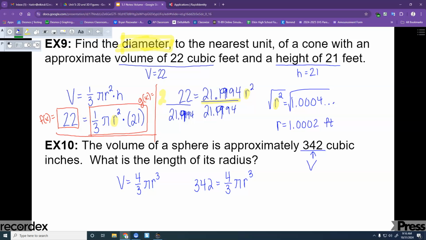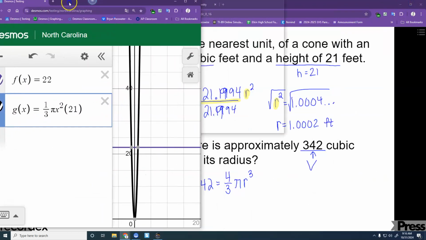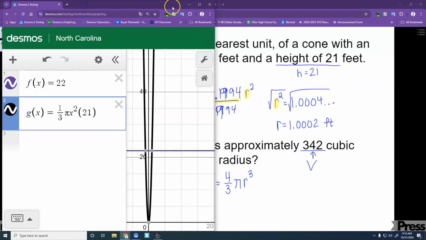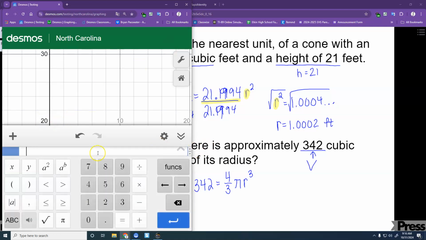Now, for those of you who I'm losing when I'm doing it by hand, when you see this right here, if we go over to Desmos, it's a little smaller so we can still see our equation. What could I do if I want to solve this in Desmos?